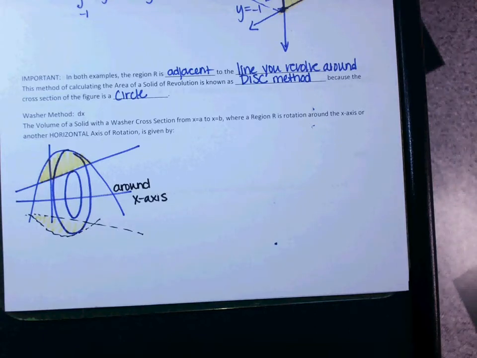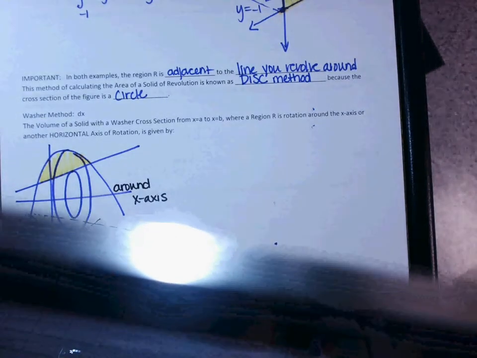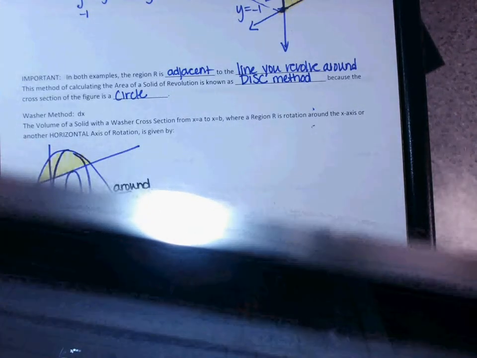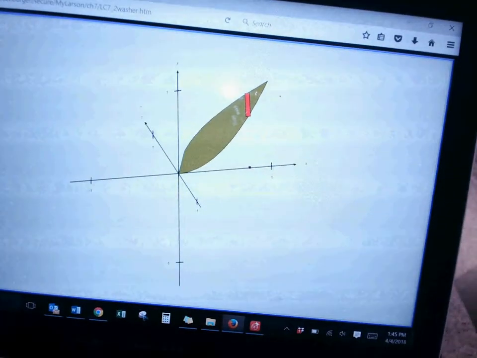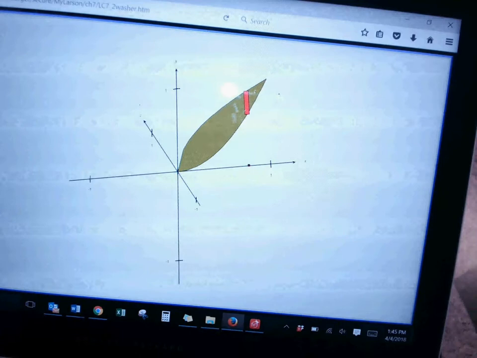So I'm going to put it up here, and hopefully this will help. Okay. Let me make this go away. And then okay, you see you have a region here? Yeah? Okay. We're revolving around the x-axis.